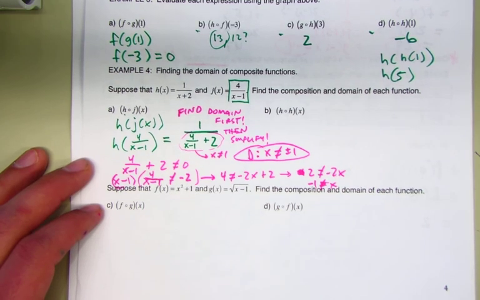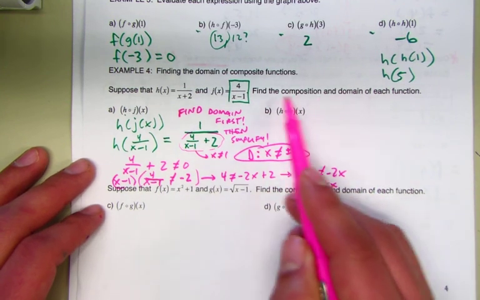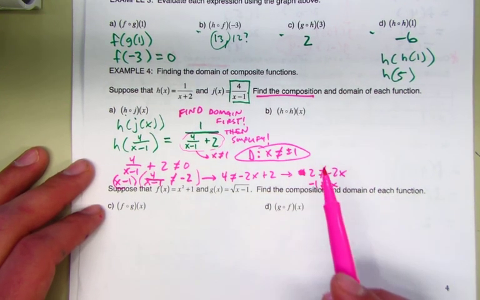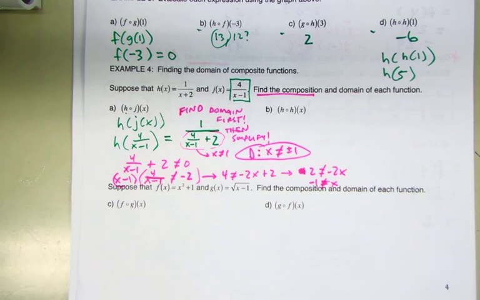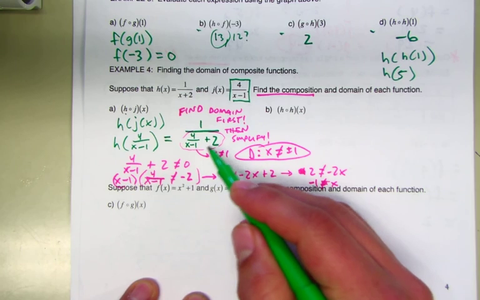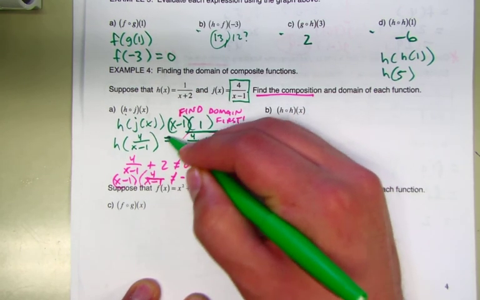Okay. Now that we know what the domain is, we're going to go ahead and find the composition now. So going back to this part in green, this is what we did yesterday. That's why we kind of reviewed this stuff. How do I simplify this? Multiply by x minus 1.